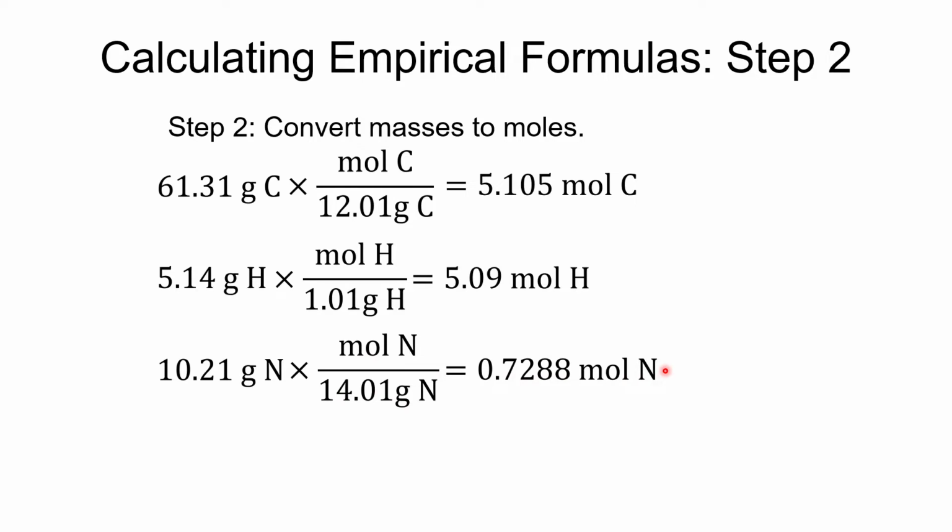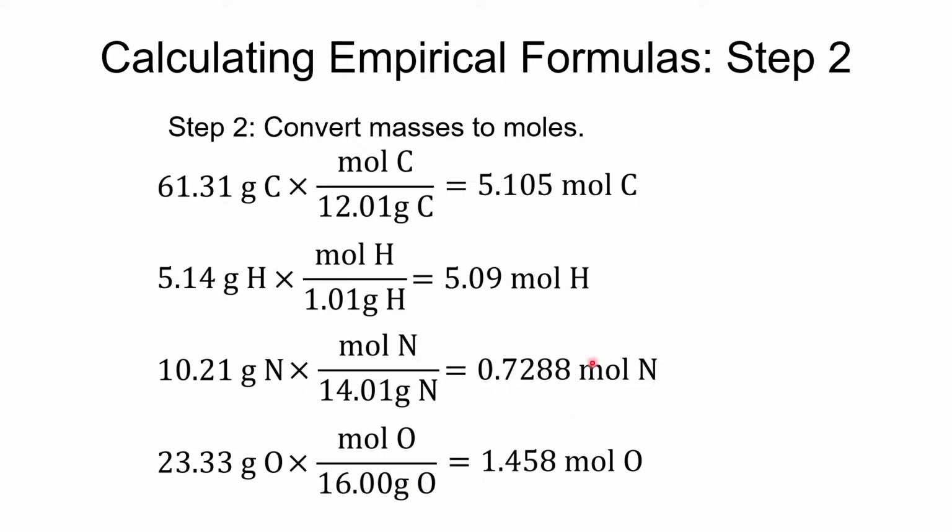And then finally, for oxygen, 23.33 grams of oxygen, divide by the atomic mass, 16.00 grams of oxygen per mole of oxygen, and that gives us 1.458 moles of oxygen.